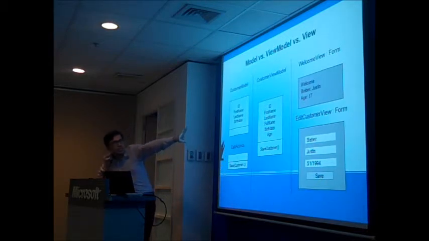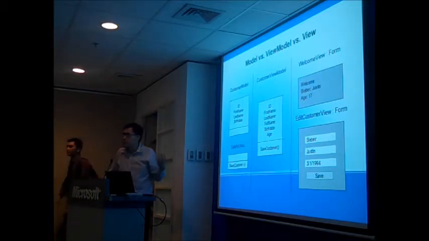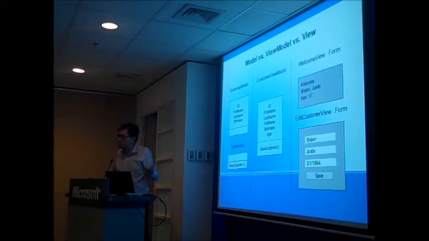You notice that the fields on the view model are a bit different from the customer model. Let's say you have age. You can calculate the age from the birth date, of course, but in the data model you don't really store that. It's really for the benefit of the view. It's not part of the data model, but it's part of the view model because it is information that the user sees.